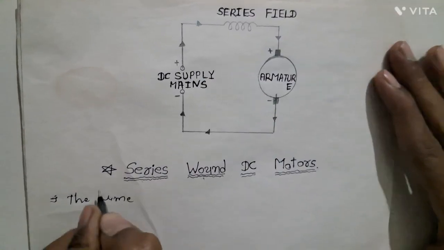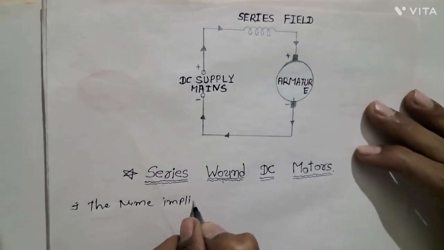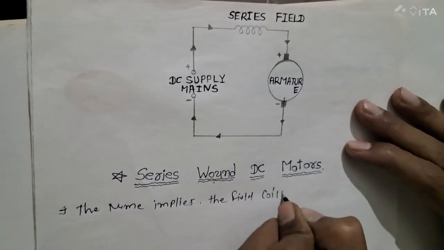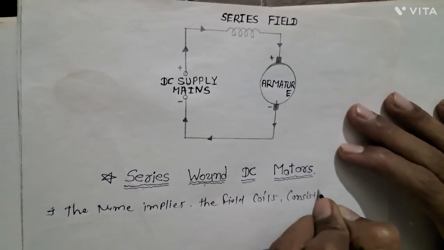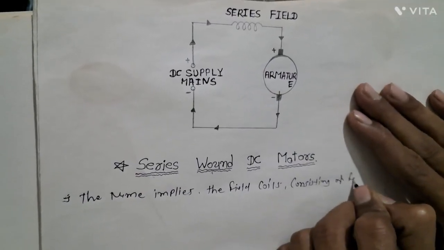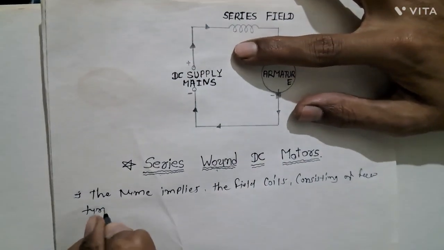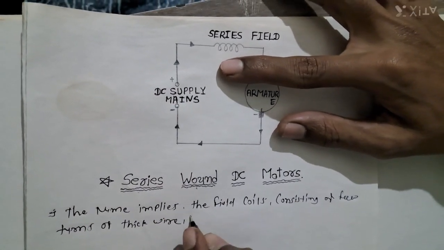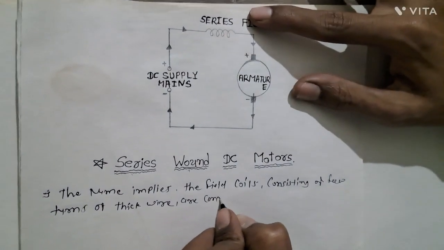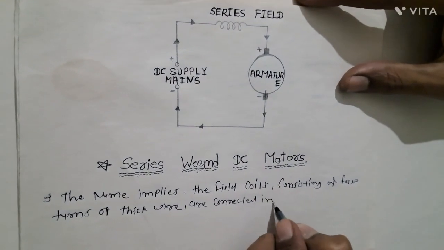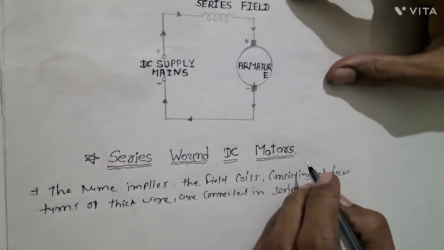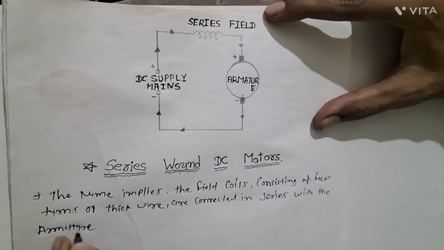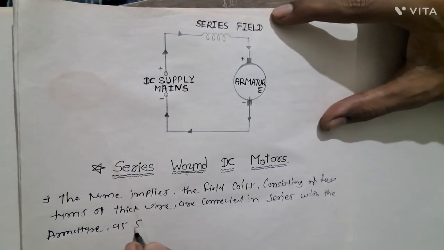As the name implies, the field coils consisting of few turns of thick wire are connected in series with the armature, as shown in the figure.